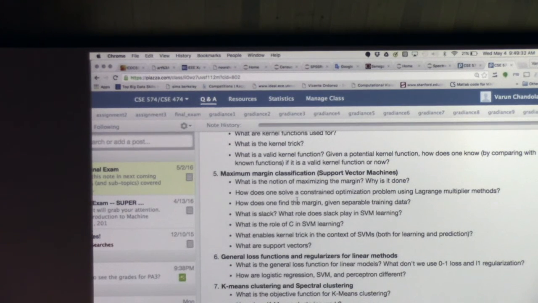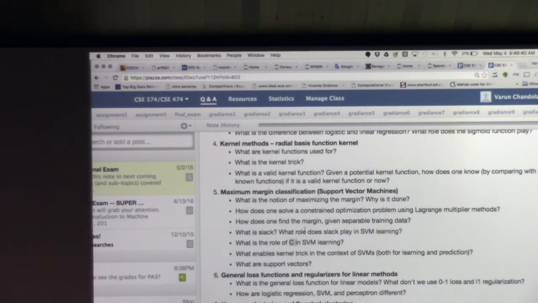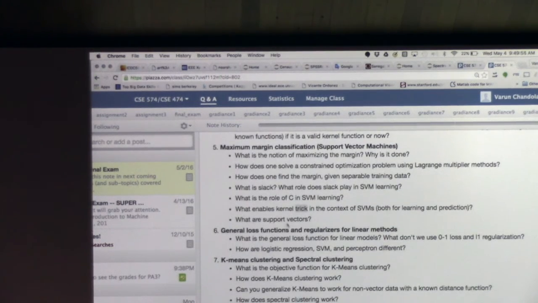Then there's a notion of what is a margin, what is slack, what is C. So this is all in the context of SVM learning, right? What is the kernel trick? That follows from the fourth point, how can you use kernel functions in SVMs, right? And it turns out that by using the Lagrange dual optimization formulation, you can use the kernel trick as well. There's a notion of support vectors, you need to understand that, right?